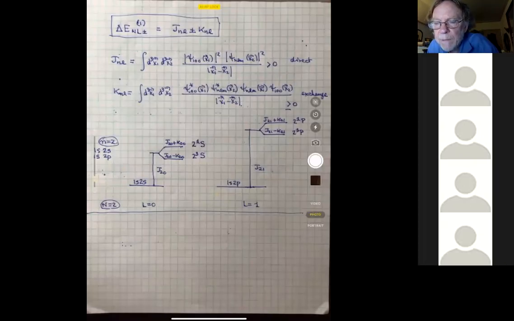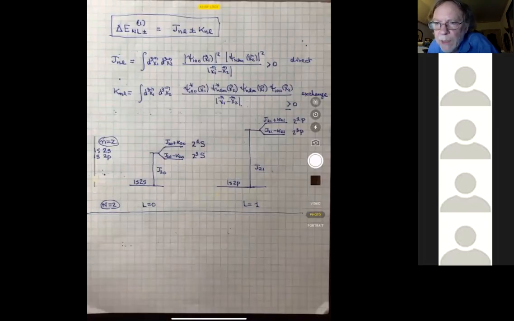It's interesting physically. The reason is this: if you increase the spin, leaving everything else the same, you're making the spin part of the wave function more symmetric. So if we go from the spin singlet to a spin triplet, we go from an antisymmetric spin state to a symmetric spin state.